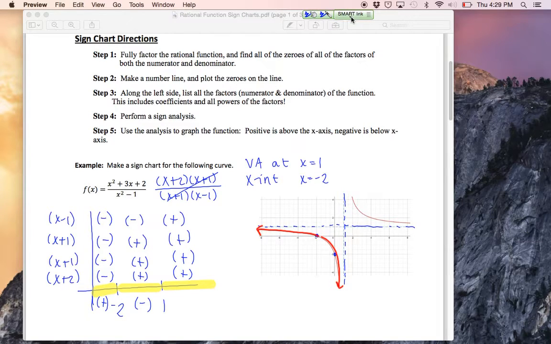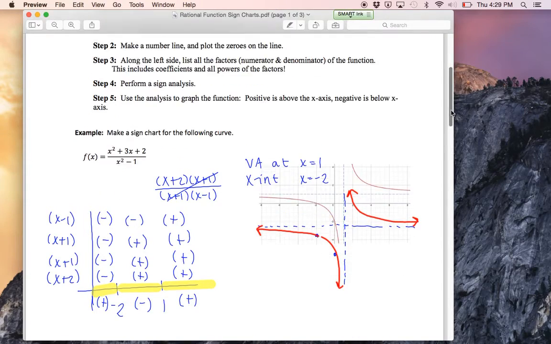Well, 4 positives is going to give me a positive value. So I know that this part of the graph to the right is going to go above the x-axis. And so that's how I know how that graph looks.